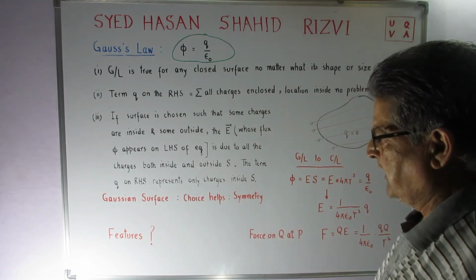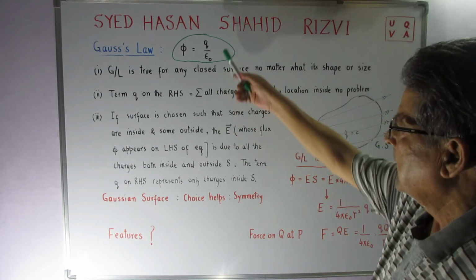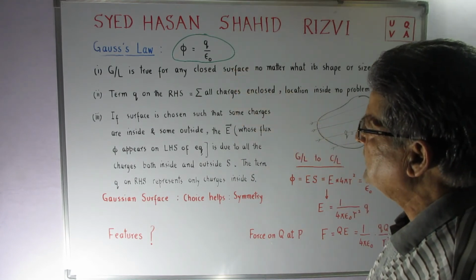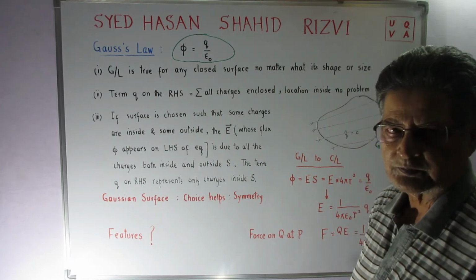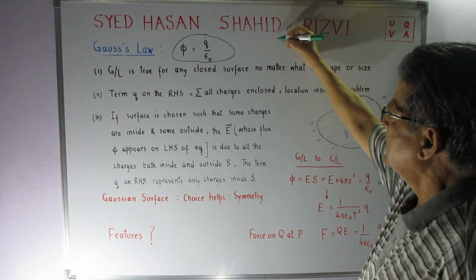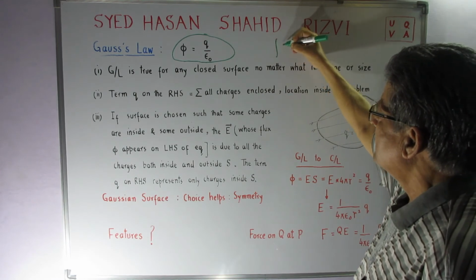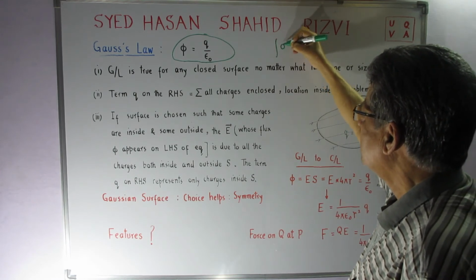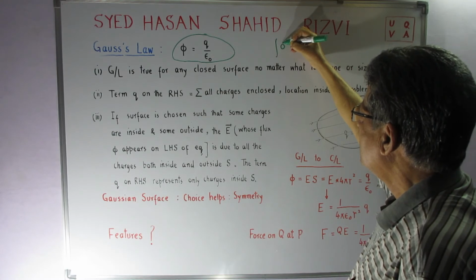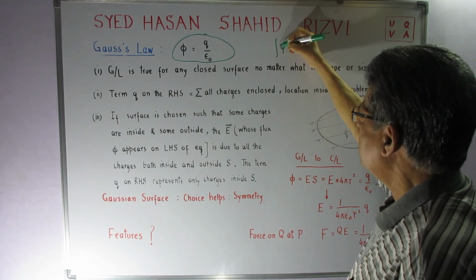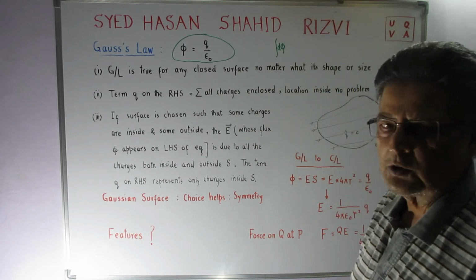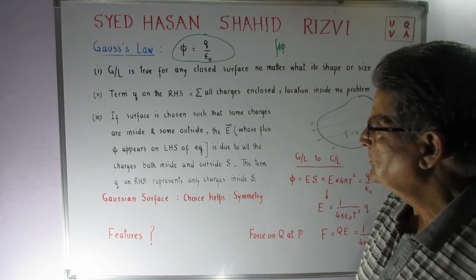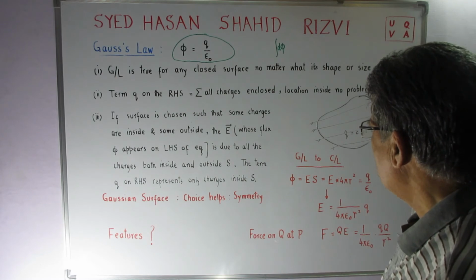Whatever surface we take in this relation where the phi is integrated over the entire surface, okay, this is actually integral d phi, and it goes over the entire surface. Okay, hope you understand.